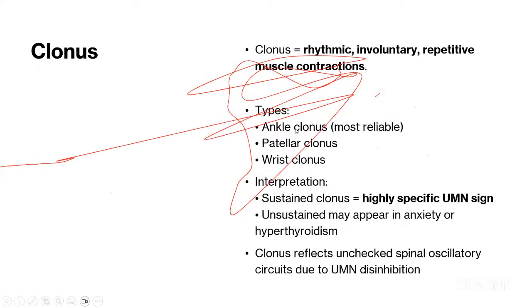We can check ankle clonus, patellar clonus, or wrist clonus. Sustained clonus is highly specific of a UMN lesion, while unsustained clonus can appear in anxiety or hyperthyroidism. This reflects unchecked spinal oscillatory circuits due to UMN disinhibition.